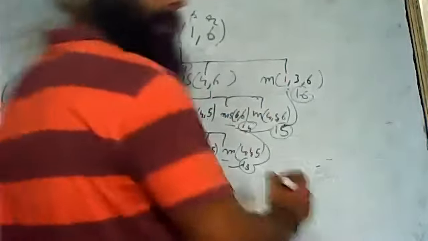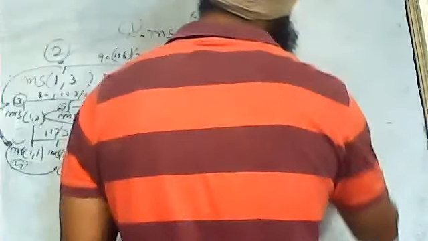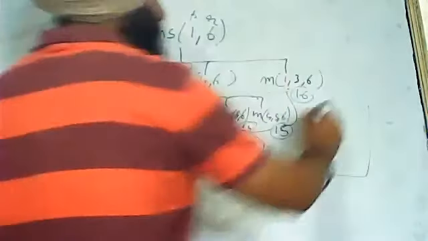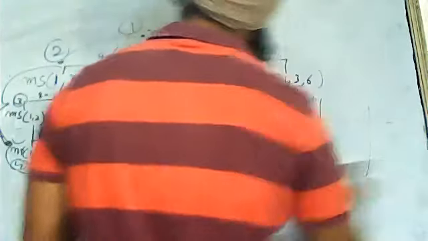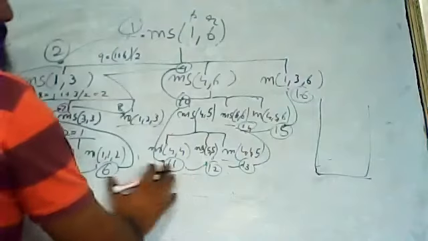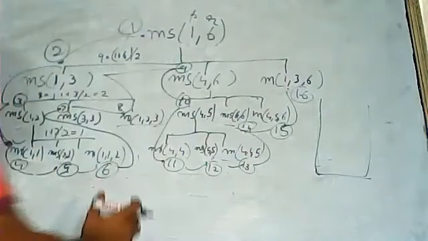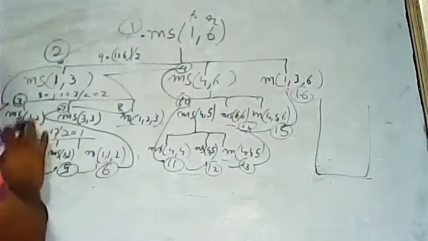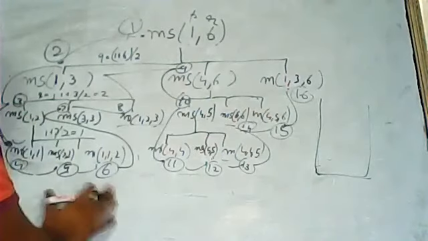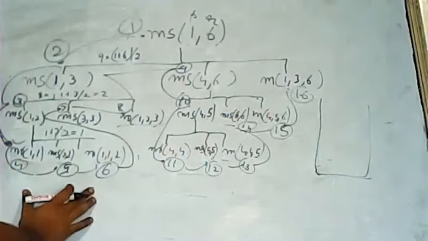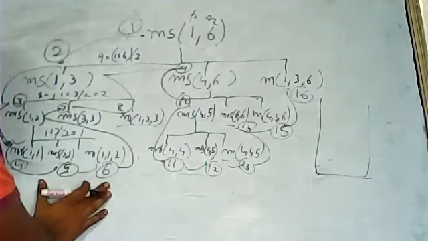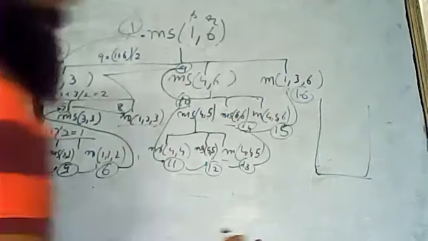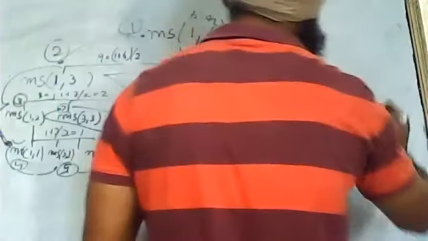But why height of tree? Because at every level, how many levels are there? There are actually 4 levels. So this one is 1, then 2, then 3, and then 4. Every function call made at a particular level will require the same space. I'll show you. So this is how it works.